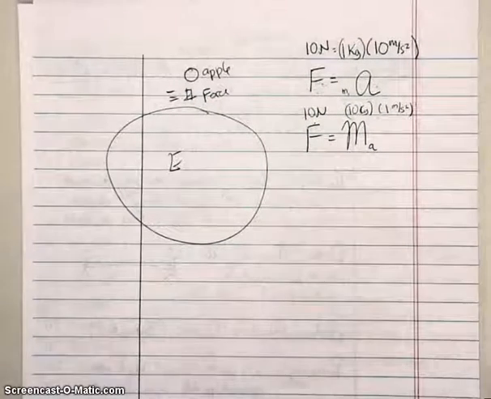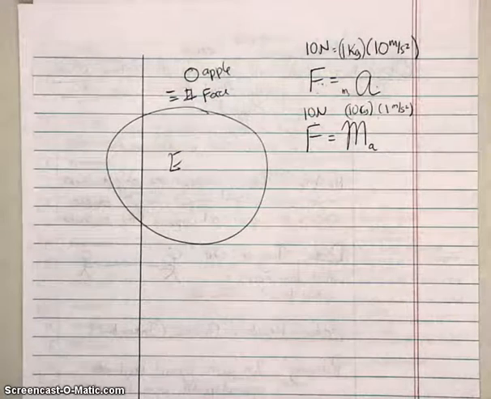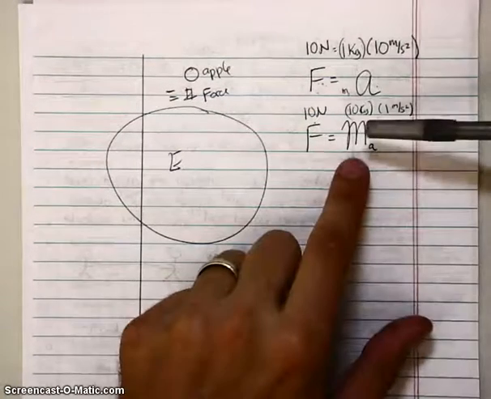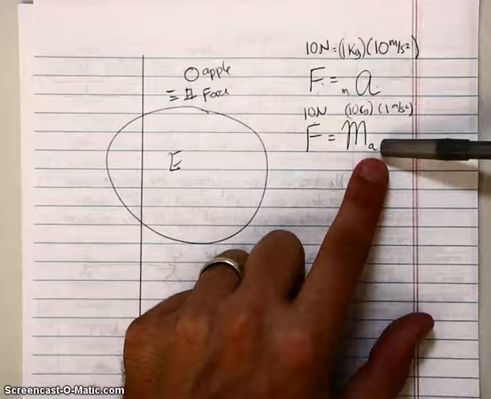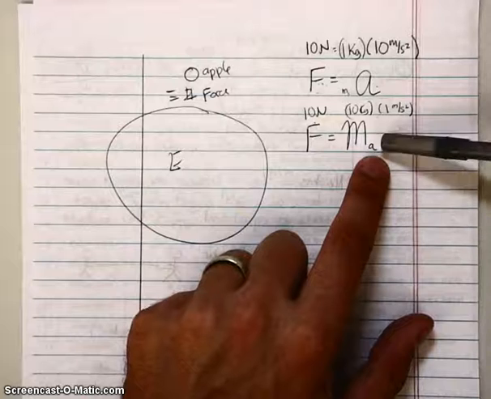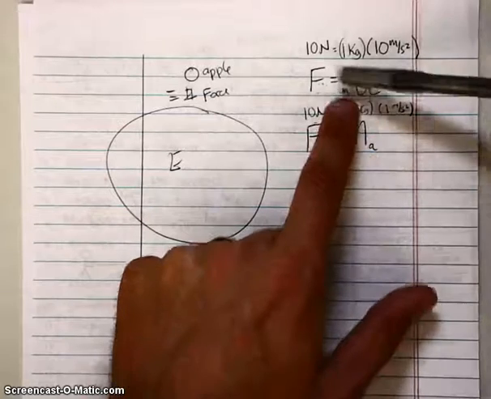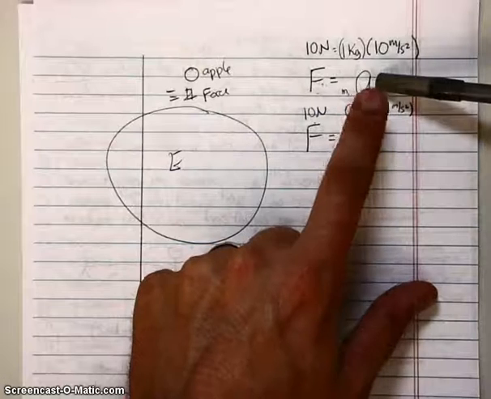So when an apple has its own gravity, just like everything has its own gravity, the apple does pull up on the earth. But because the earth is so very, very, very large, it's going to have a very, very small acceleration. It's going to move very, very slowly. And because the apple has a very, very small mass, it's going to have a very large acceleration, so it's going to move very quickly.